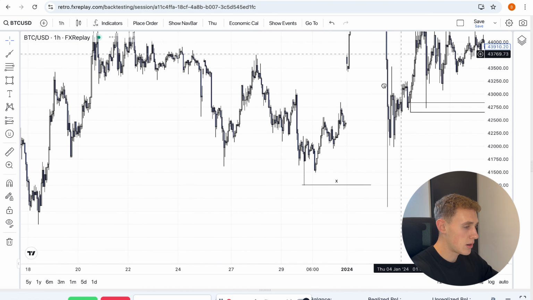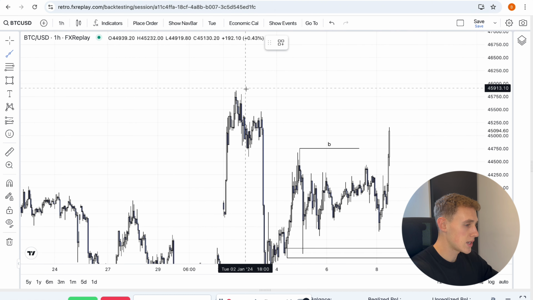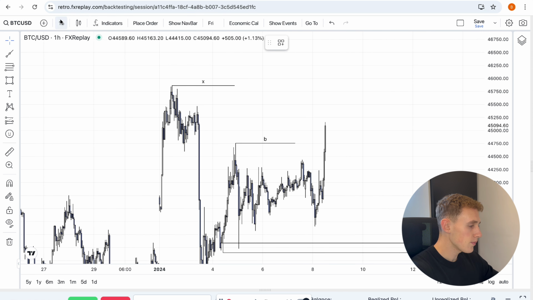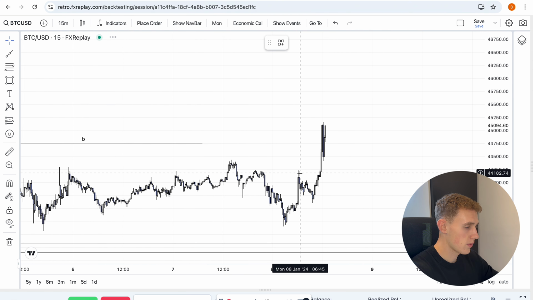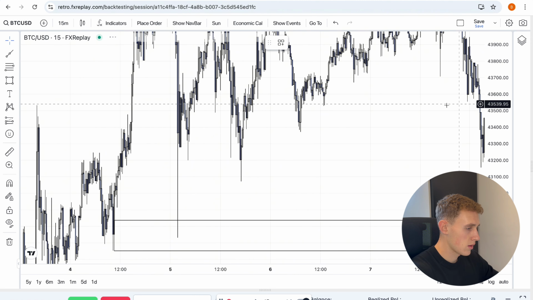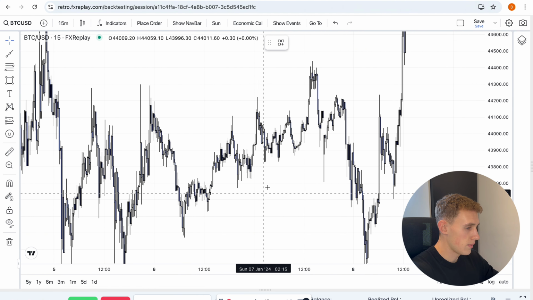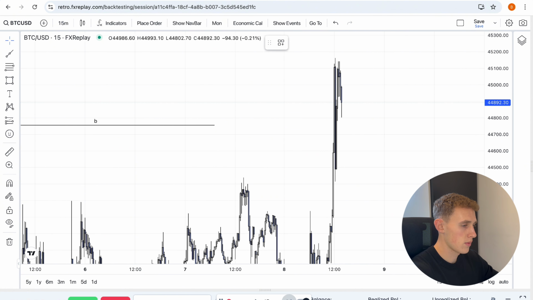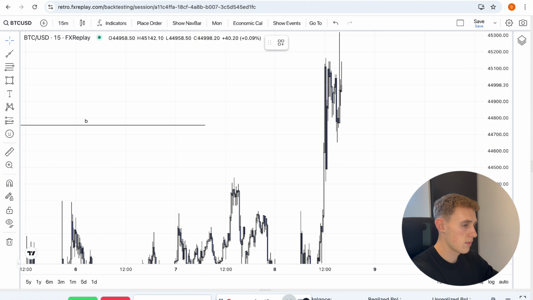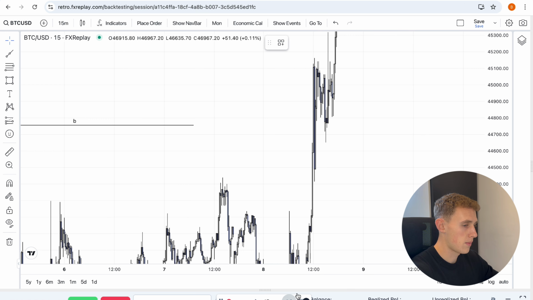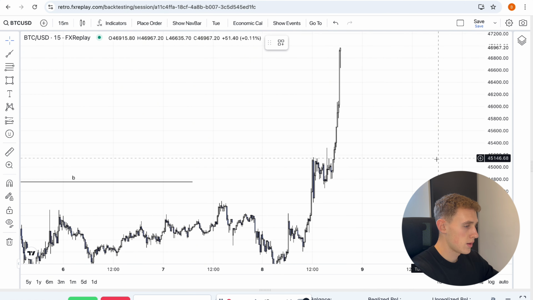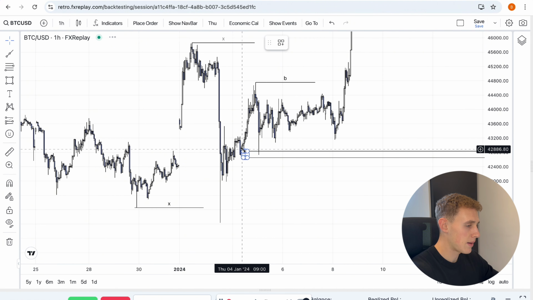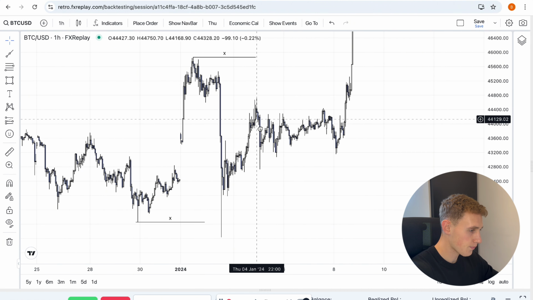Next trade, I'm looking to buy up into these highs right here. Yeah, so price just wants to break the high without giving any pullbacks. That's fine.